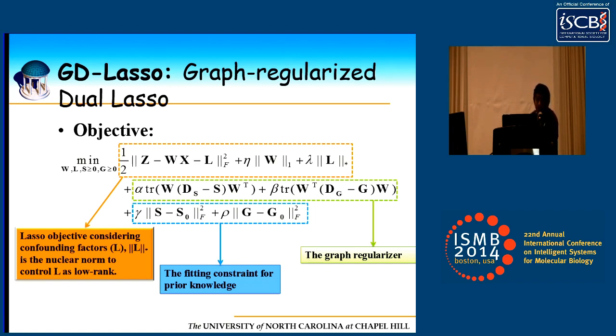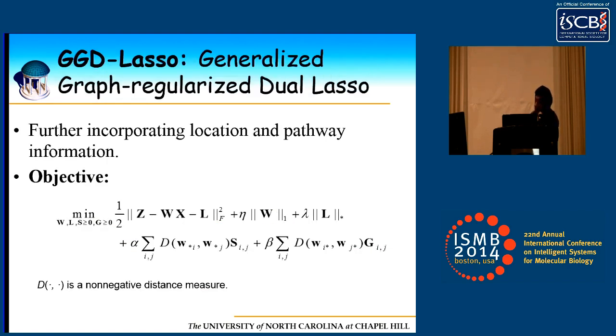And in order to further integrate the location information and the pathway information, we extend the previous objective to a more general one. And here, D is any non-negative distance measure.